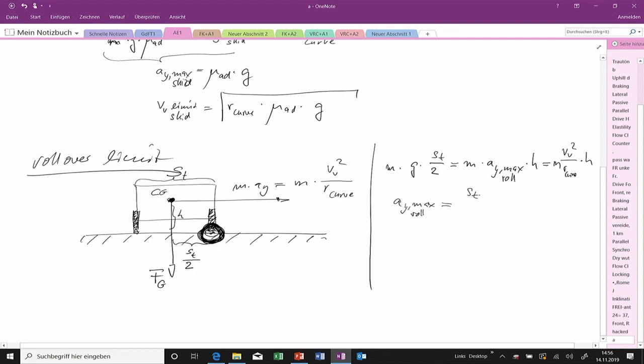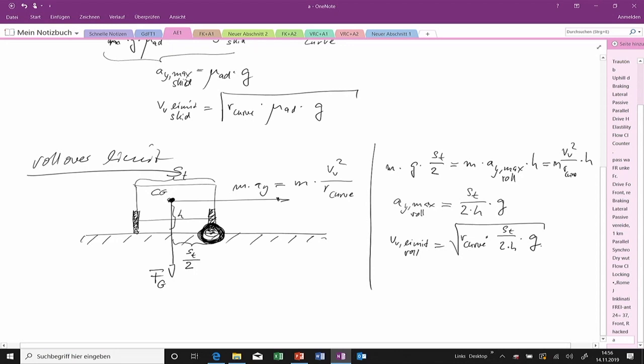This is s_t divided by 2h times g, and there is also a vehicle limit speed for rollover, which is again the square root of curve radius times s_t divided by 2h times g.